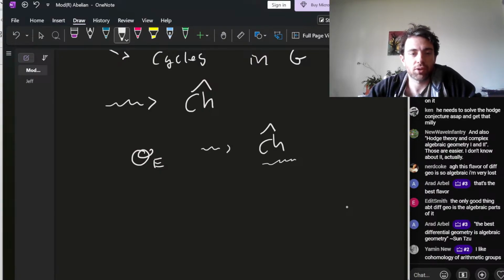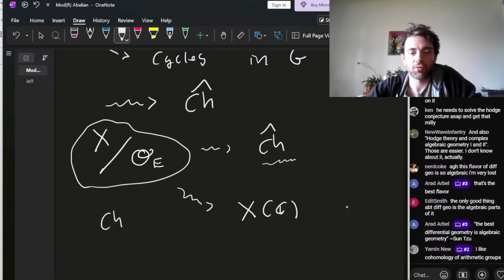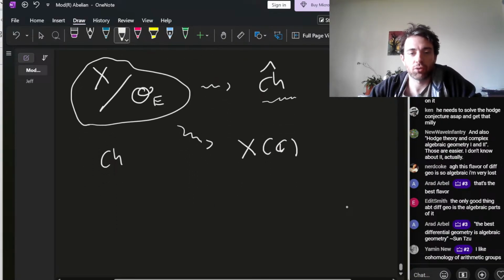If you have some sufficiently nice space over here, then you have your original Chow group, just viewing this as an actual scheme, but then you get the associated complex points of this that have a manifold structure.